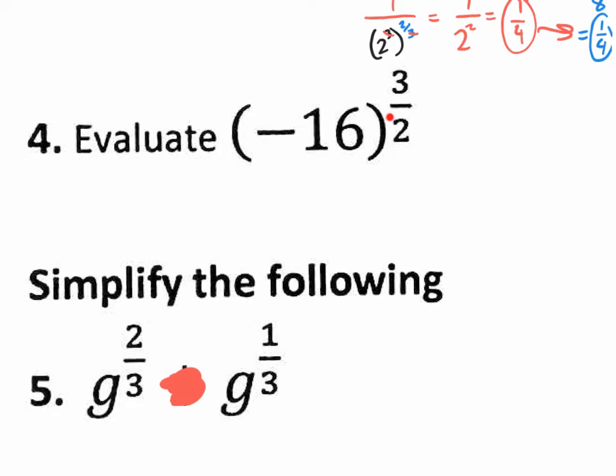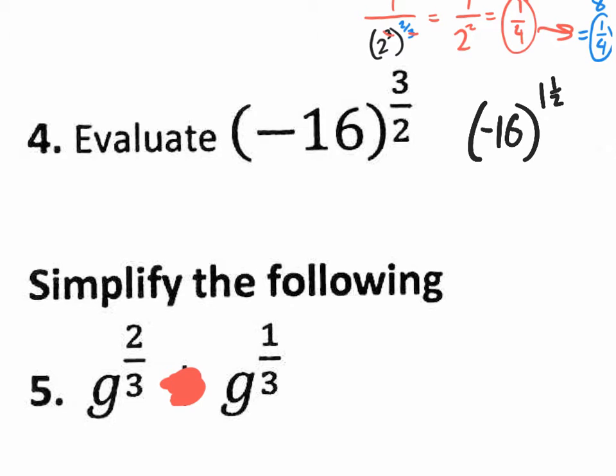First of all, this fraction right here, this rational exponent, is an improper fraction. You could make this a mixed number. So you could take that base -16 and have that 3/2 become what as a mixed number? What's 3 divided by 2? 1 and 1/2.